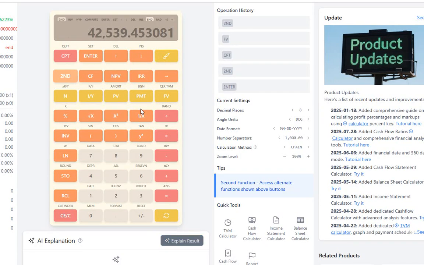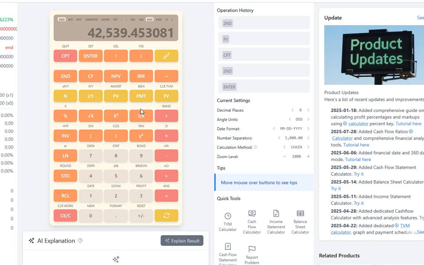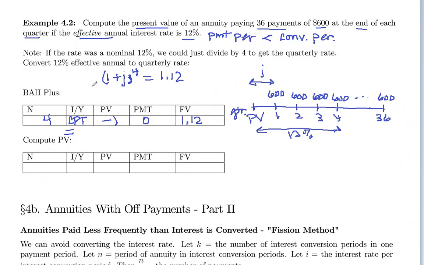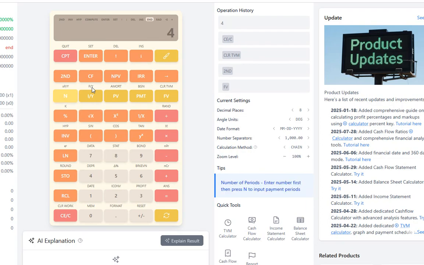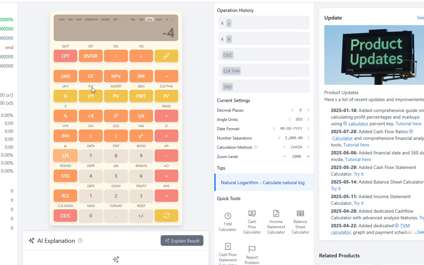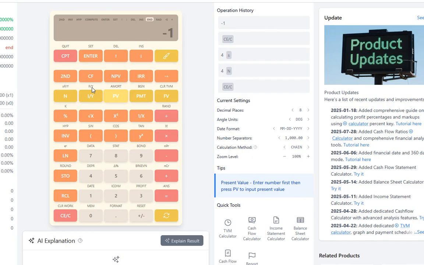So let's see, second, clear TVM. Okay, and then we've got 4, -1, 0, 1.12. 4 is our N, 1 negative is our PV.